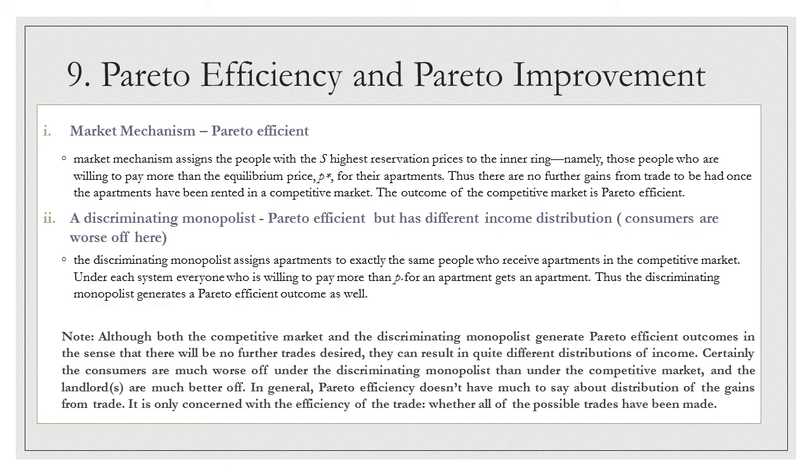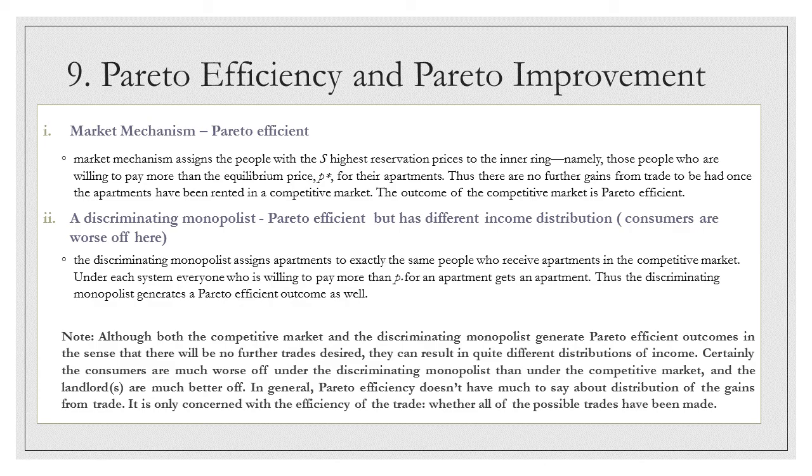Certainly the consumers are much worse off in the case of the discriminating monopolist than under the competitive market. Why? Because the pricing in the discriminating monopolist case has a bias or discrimination for each subsequent consumer who comes to buy or rent the apartment.